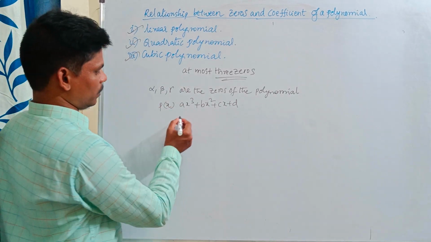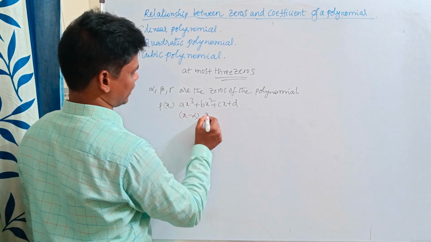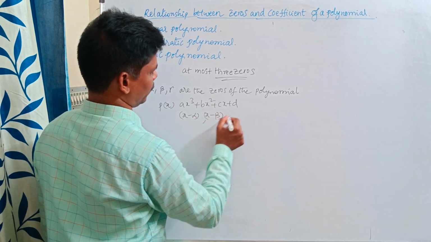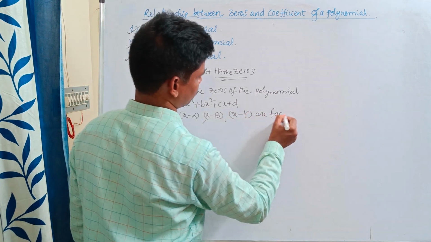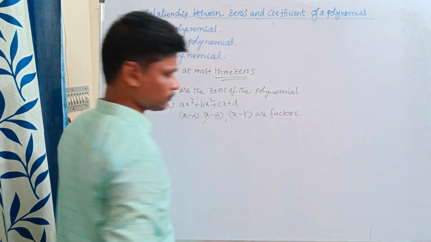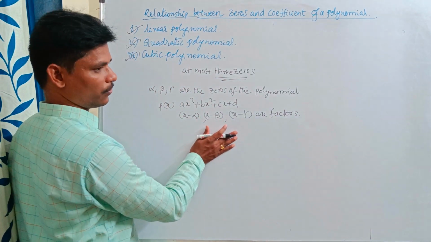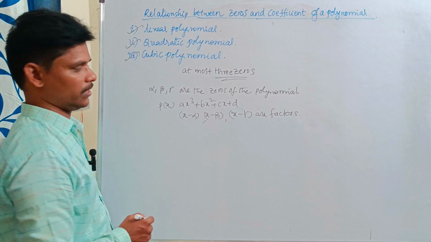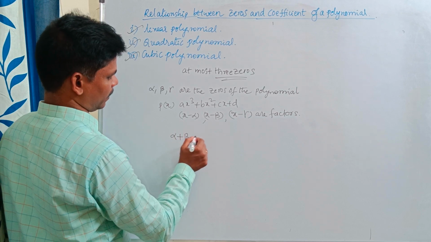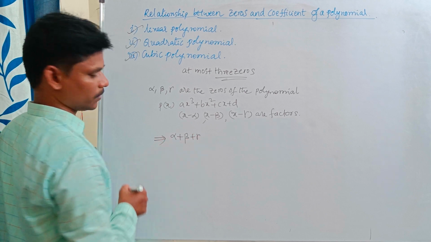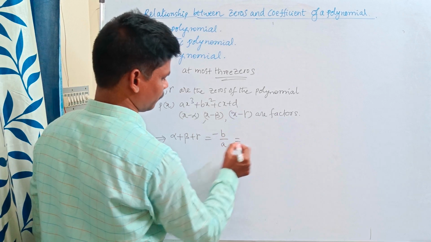Here we know that x minus alpha, x minus beta, x minus gamma are the factors. By simplifying this, we get the sum of the zeros and the product of the zeros. First, alpha plus beta plus gamma is equal to minus b by a.